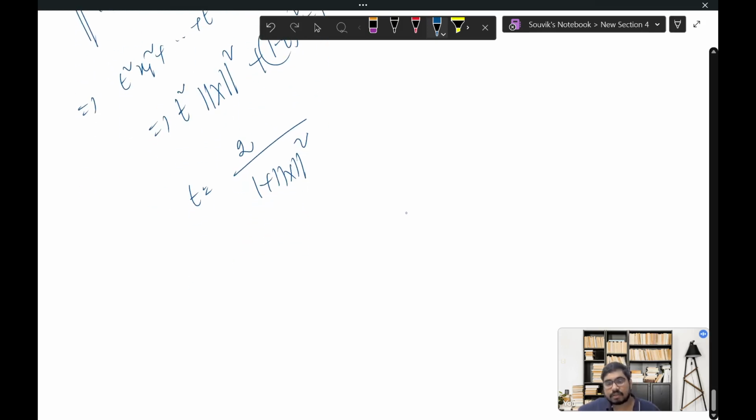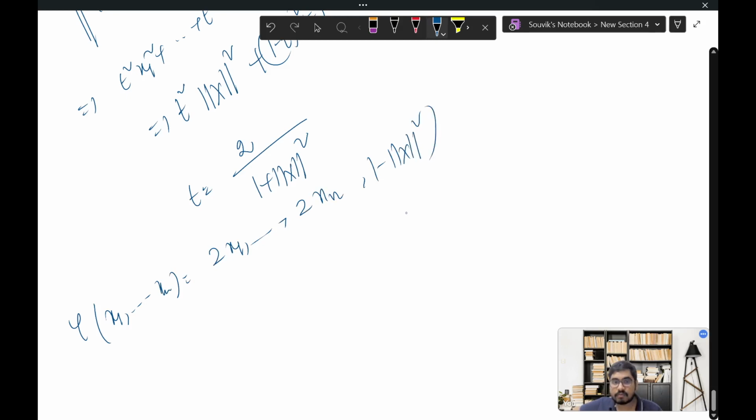And finally the reverse map psi of (x1, ..., xn) is given by 2x1, ..., 2xn, 1 minus norm x squared, all divided by 1 plus norm x squared. And it is not difficult to calculate this phi composite psi.